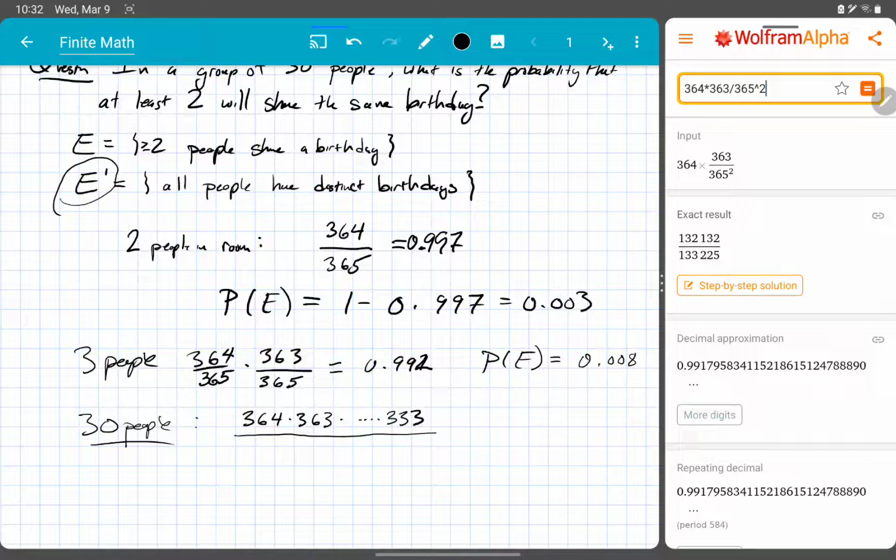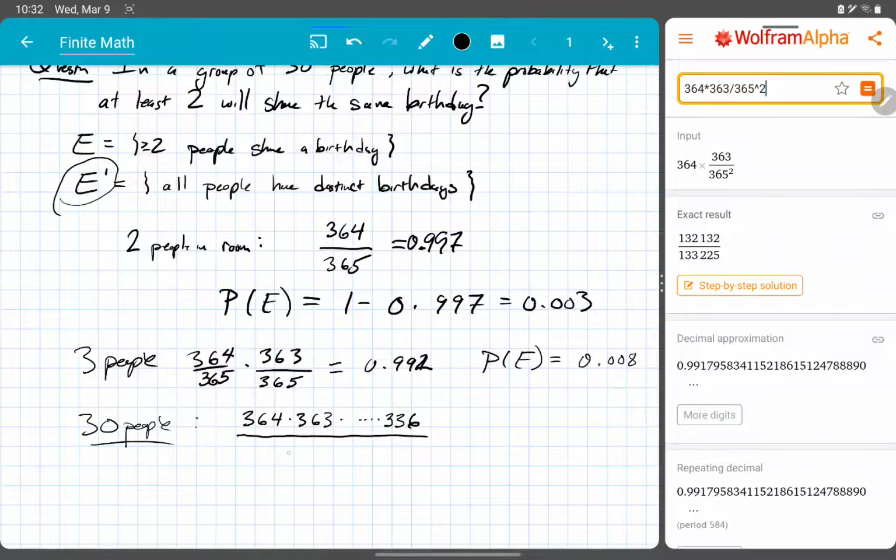Let me think about this. With 2 people, it's 365 minus 1. So with 30 people, it should be 365 minus 29, which would be 336.